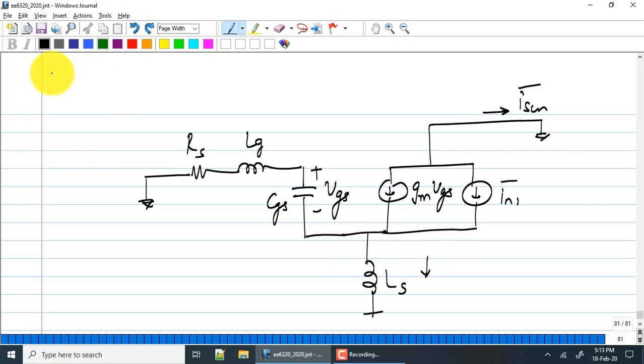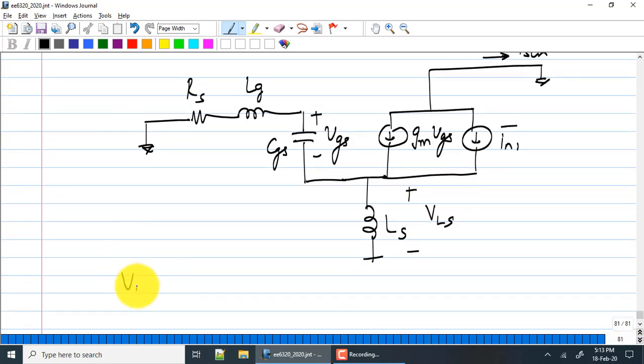So if you were to look at this voltage VLS, what is the current through CGS? So S CGS into VGS, right?